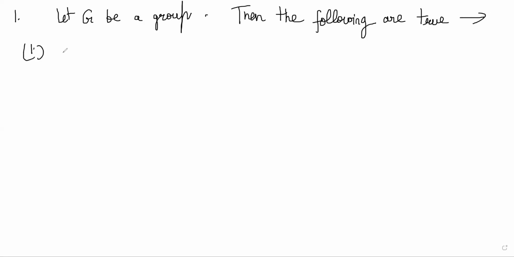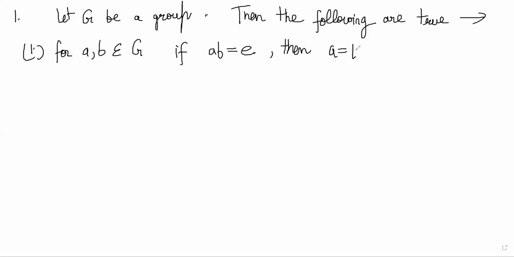For A and B belonging to G, if the product AB is E, then we can say that A is equal to B inverse and B is equal to A inverse. So as soon as you have A times B becoming E, the identity element, then each of those elements is the inverse of the other.